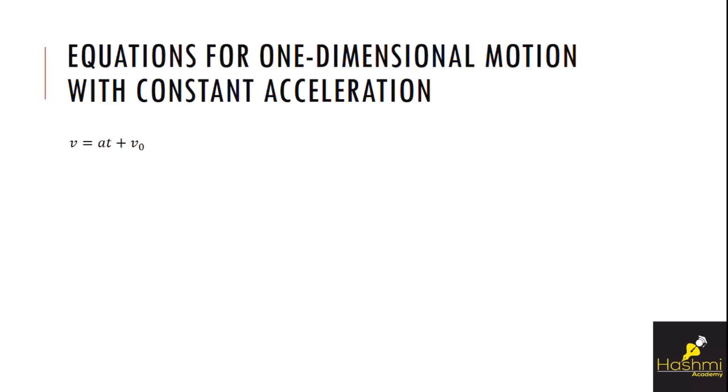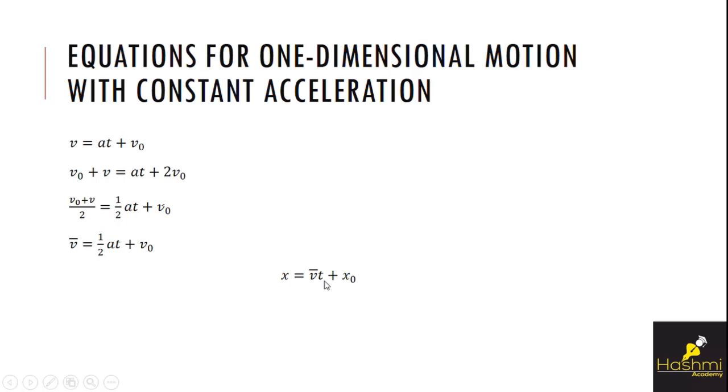Now you know that v is equal to v naught plus at, where t is the time covered by the object. The value of v naught plus v can be written as at plus 2 v naught, as we add v naught to both sides. Dividing the whole equation by 2, the average velocity becomes half of at plus v naught.